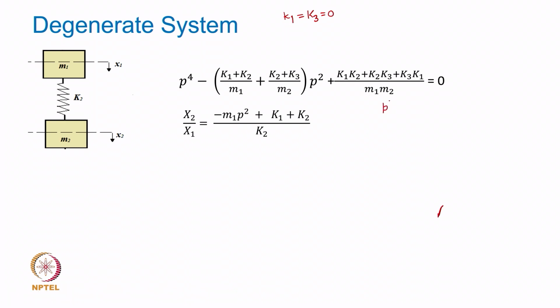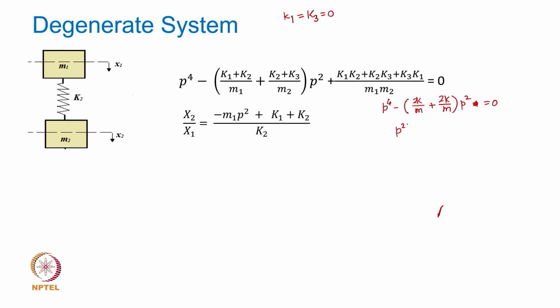So, it is like p raised to power 4 minus, now k1 and k3 are 0, so you will have this one as 2k over m plus 2k over m, and p square plus, k1 k3, so you actually have 0 here, okay, because k1 and k3 are 0. So, plus 0 equal to 0.